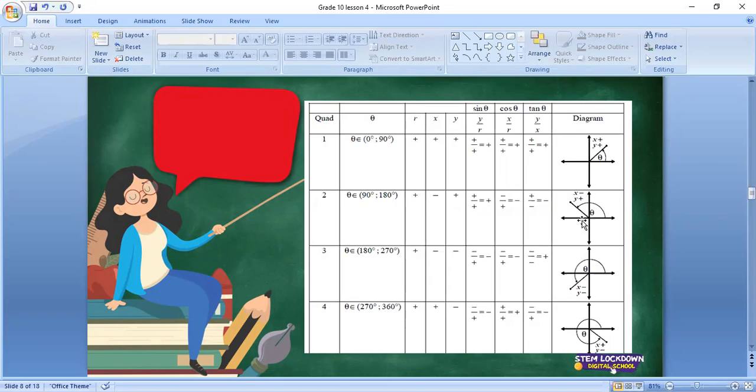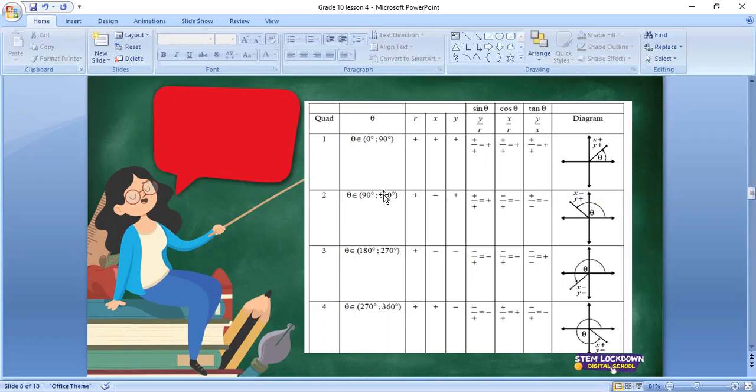Sine will be opposite, Y, over hypotenuse R. Y is positive there, and R is also positive. R is always positive. So only the sine of the angle will be positive. Any angle that falls between 90 degrees and 180 degrees, only the sine of it will be positive.